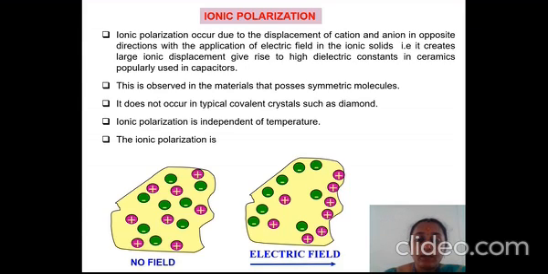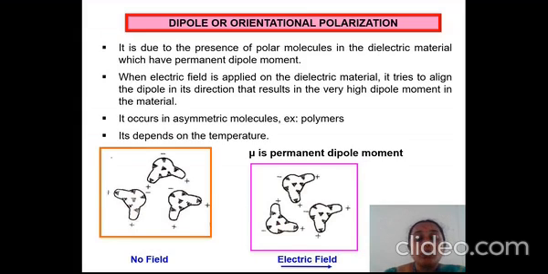Then next one is dipole or orientation polarization. Due to the presence of a polar molecule, the polar molecule has permanent dipole moment even in the absence of electric field. What happens when the electric field is applied to the polar molecule?